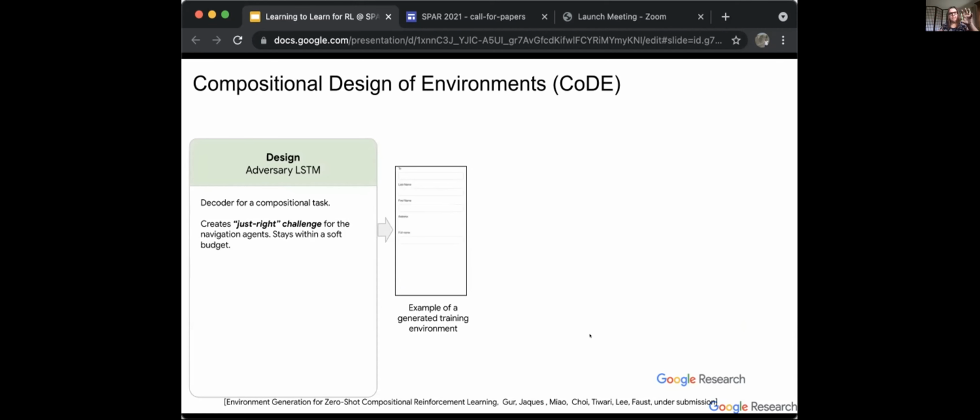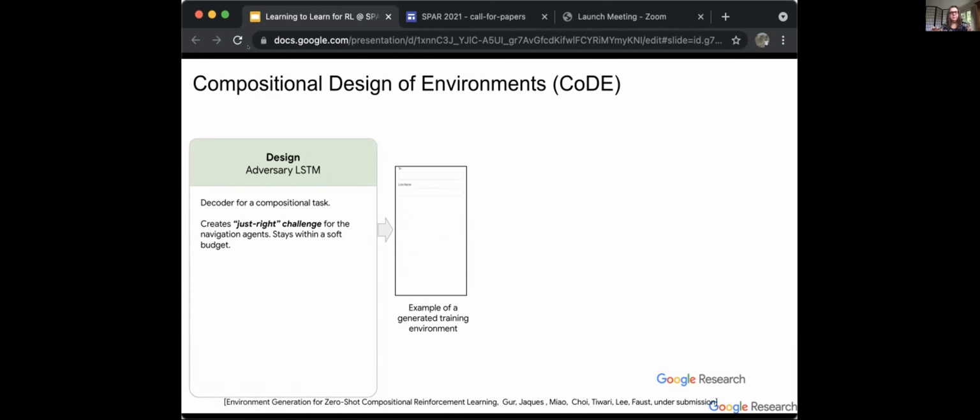We have a teacher agent that proposes and generates a new website that the RL agent is going to train on. And then the designer, the teacher, is going to observe how well the students are doing and adjust the difficulty, either make it easier or harder based on how well the students are performing. So it's a multi-agent setting.